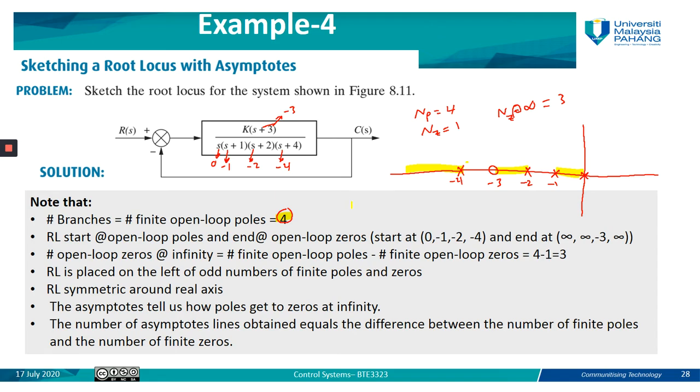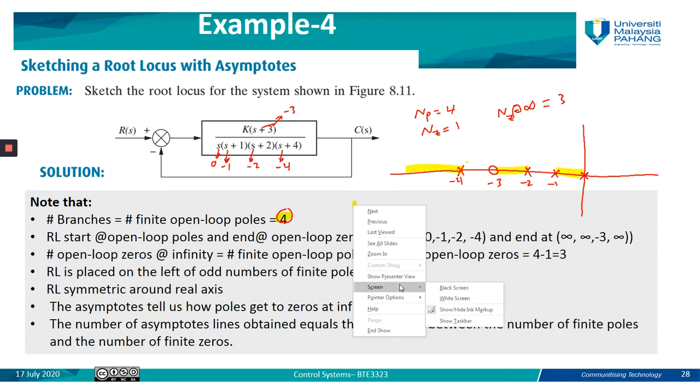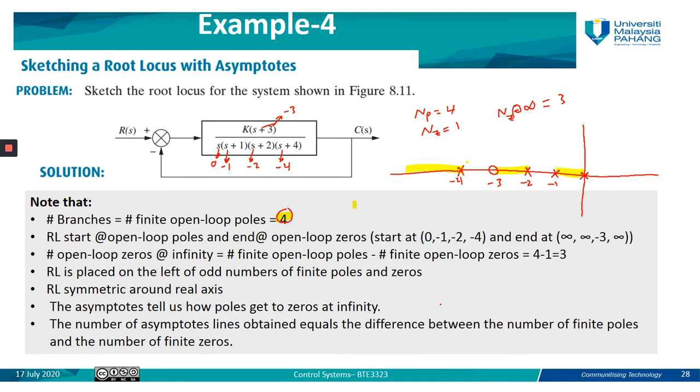We said root locus starts at the pole points and ends at the zeros. So we need to highlight the direction of the root locus here. So for example, for the third segment of root locus, it starts at a pole. That means it will start at -4.